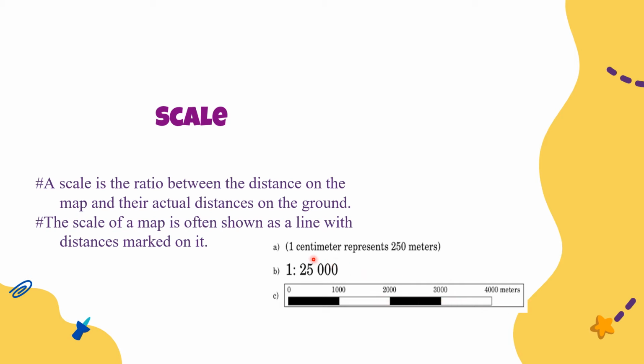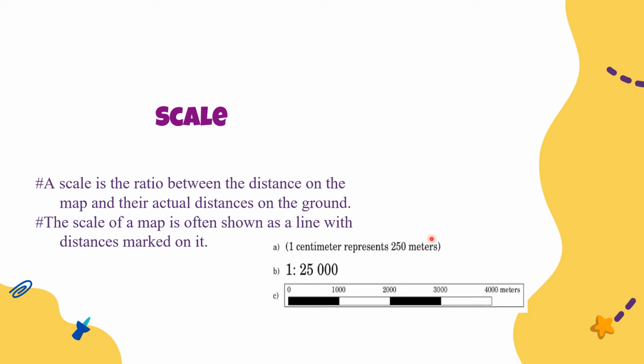And they also gave us 1 centimeter represents 250 meters, which means 1 centimeter on the map is 250 meters on the exact ground on the earth.